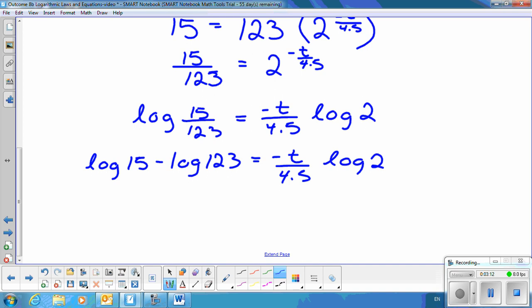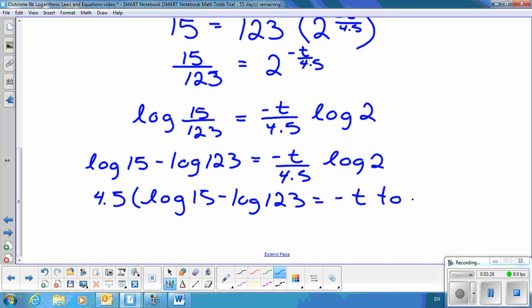Let's first of all multiply by 4.5 to get rid of that in the bottom. That will give me 4.5 times the log of 15 minus log 123 equals negative T log 2.